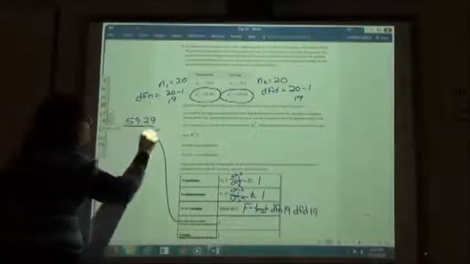So, degree of freedom in my numerator, 19. Degree of freedom in my denominator, 19. I'm now going to find the value of my test statistic. To find the value of my test statistic, I'm going to divide my variances. So I'm going to take 59.29 divided by 136.89.